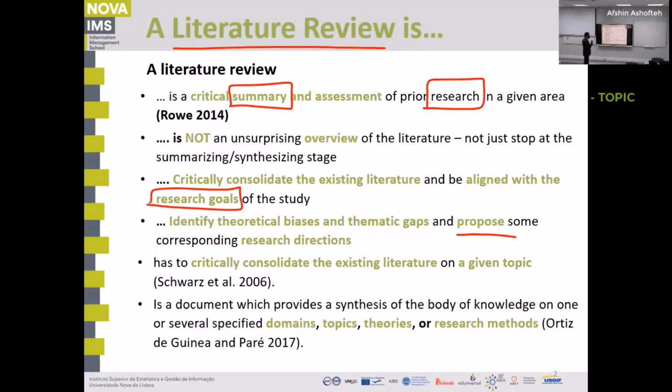And because of that, we can say that the topic could be the first step. And what is the topic? It's a collection of keywords that define your research and define what you are going to put in your paper as a literature review. So for this topic, you should have some keywords, right?